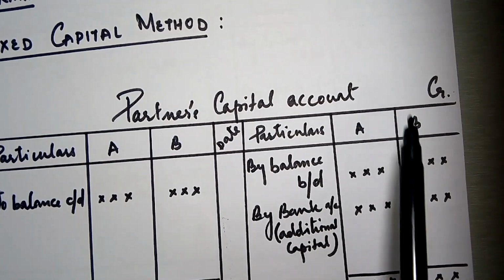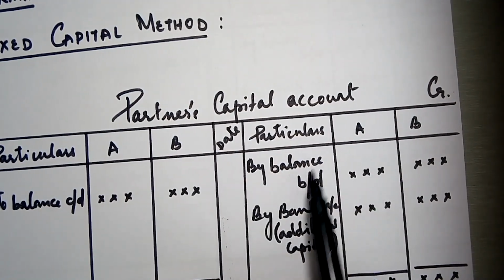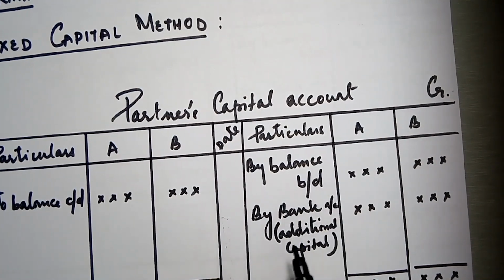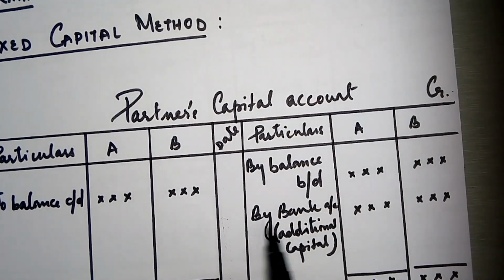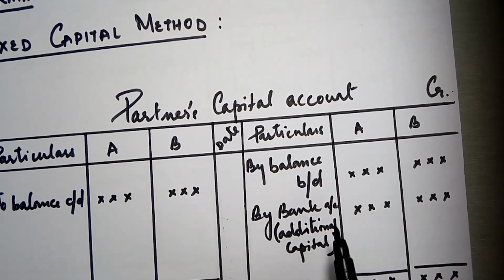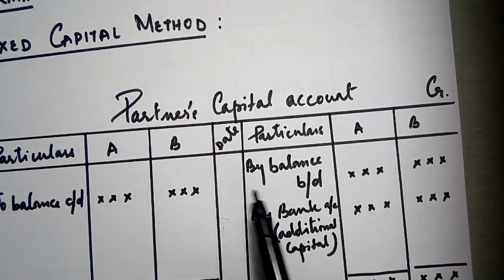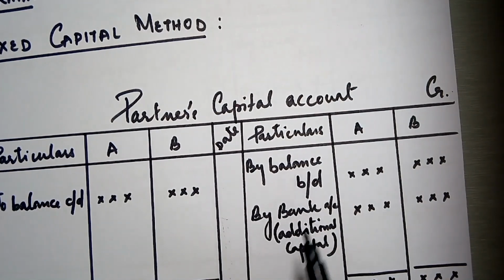Now in the capital account, in the credit side, by balance BD, that is opening capital account will come. Then if there is any additional capital, you write by bank account. So remember, in partners capital account only two items will be coming here. That is the opening capital as well as the additional capital. You add up, you get the total.